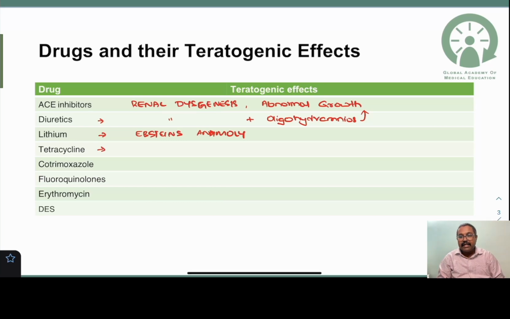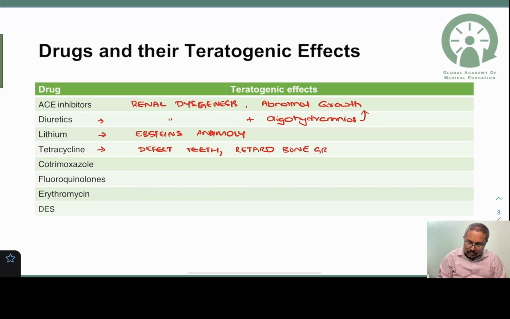So what about tetracycline? Please remember, tetracyclines are known to cause a defect in the teeth, as well as retard bone growth.